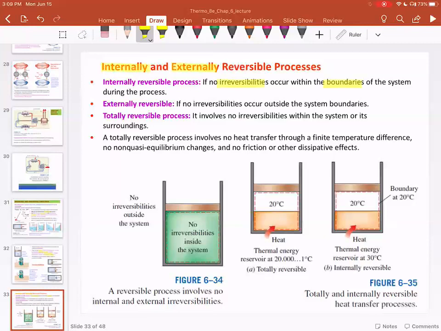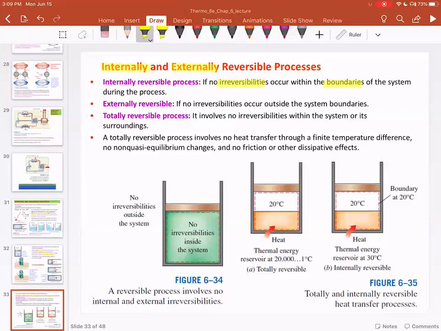In the case of an externally reversible process, just the opposite of what we talked about, all the irreversibilities take place internally. So inside the system boundary, the friction, heat transfer, and entropy increase are taking place.